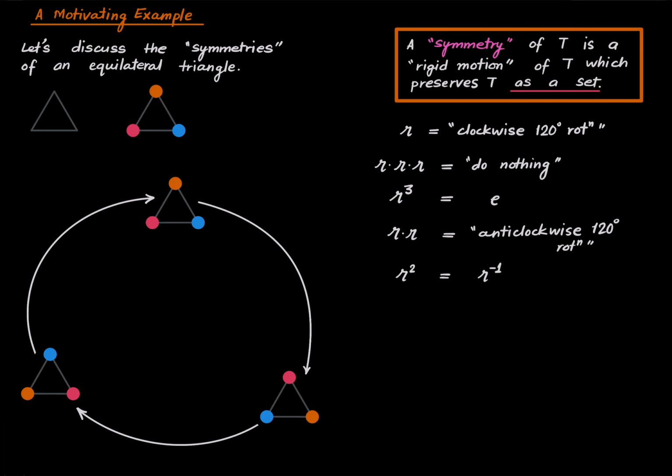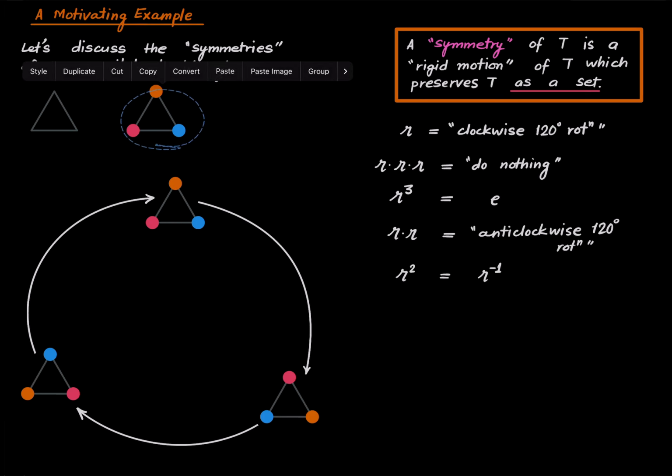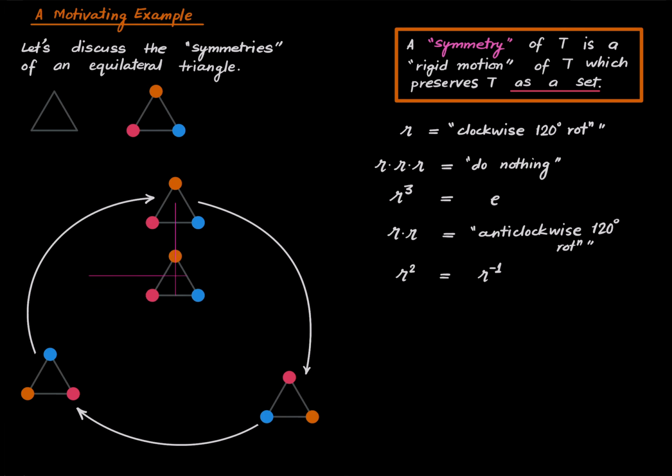But now you may ask, what about reflections? Suppose I want to reflect about this vertical line. If I do that, the configuration that I will get is the following: the red would move to the right and the blue would move to the left, and orange will remain where it is. This is what you get if you apply reflection about the vertical line.